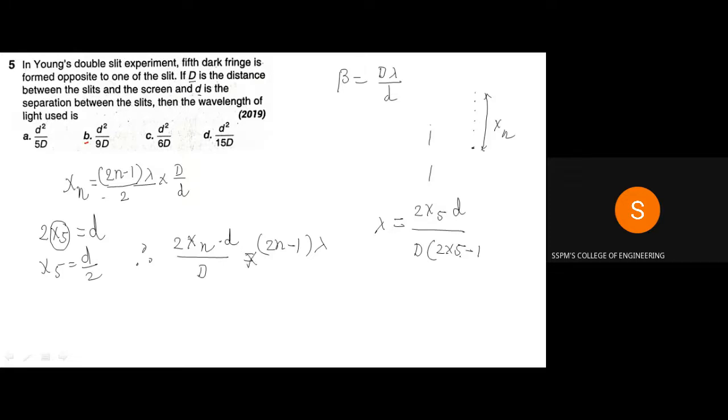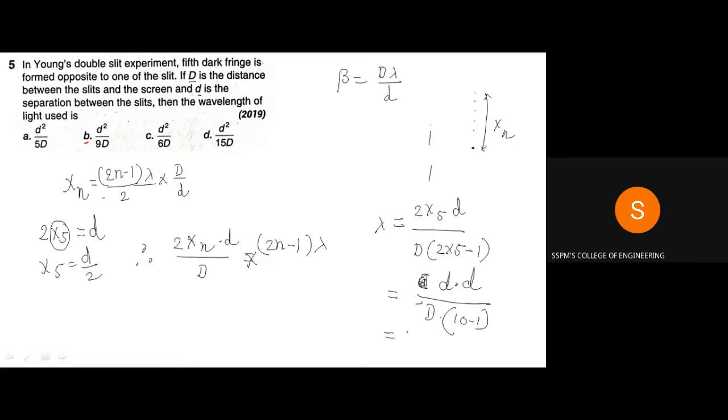So 2x5 means d. D into d upon capital D into (10 minus 1).